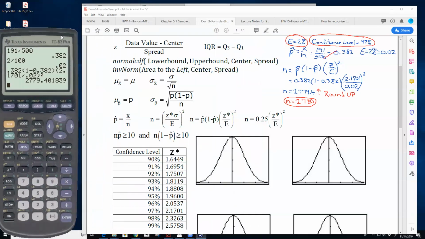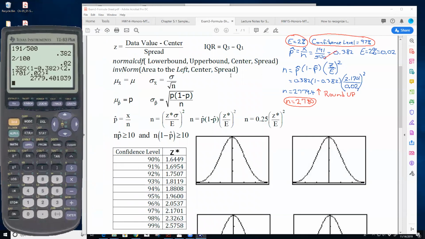Let's take a look. Let's move that aside. What if I didn't have a p-hat? Let's see what the calculation would have been like.